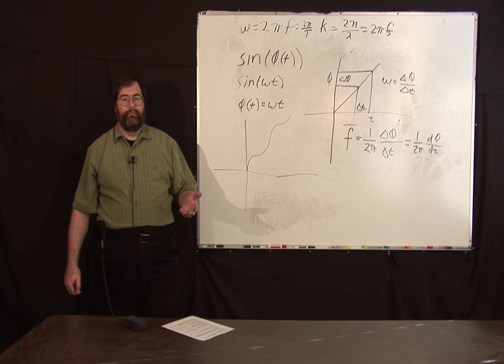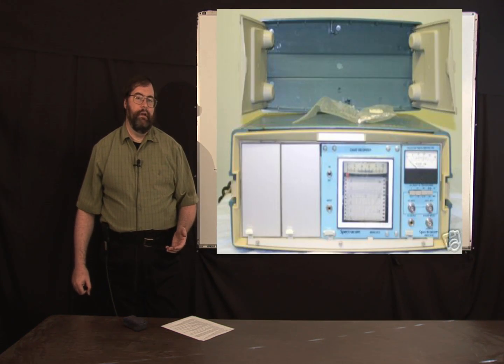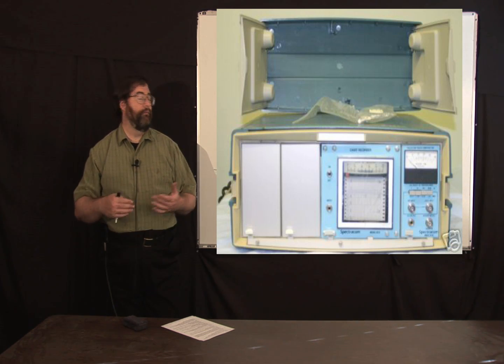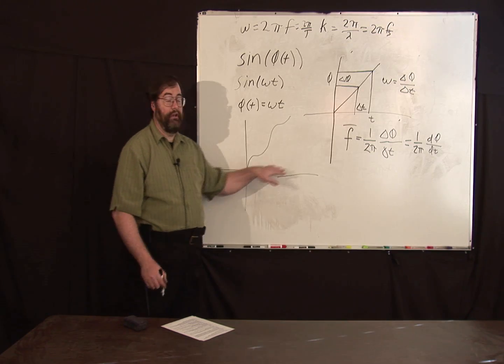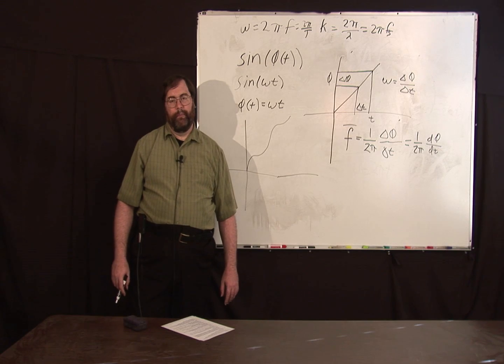It's a device called a phase comparator. Here's an example of one. It takes two inputs, one from your standard, one from your unknown, and it plots the phase as a function of time, just like on one of these. It's usually done on a strip chart recorder.